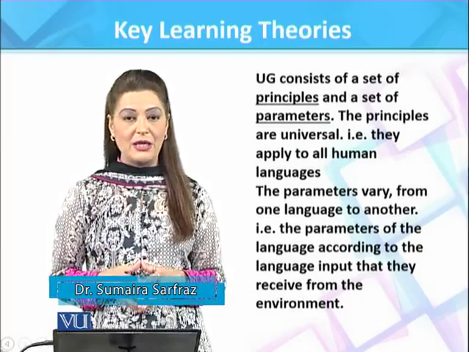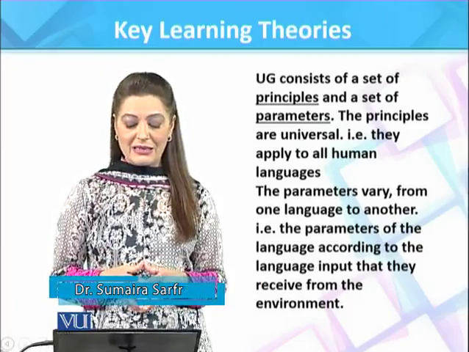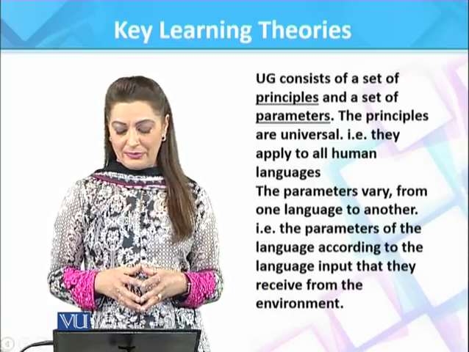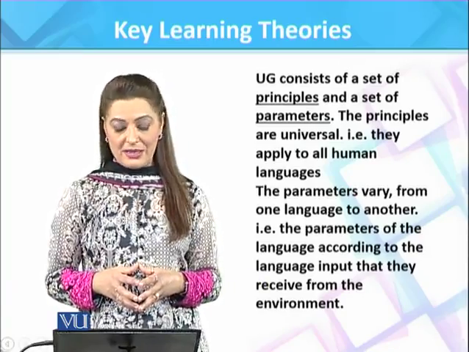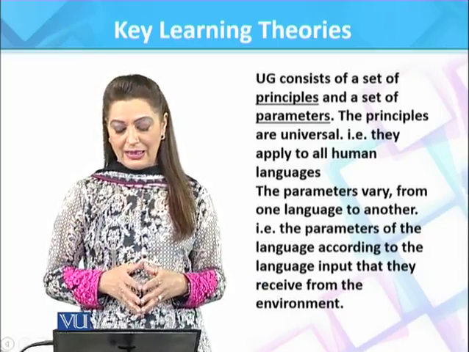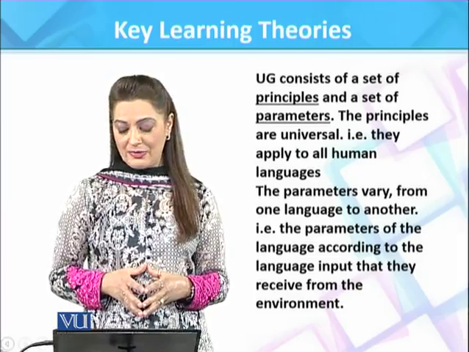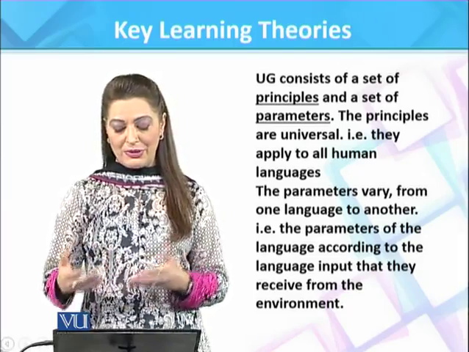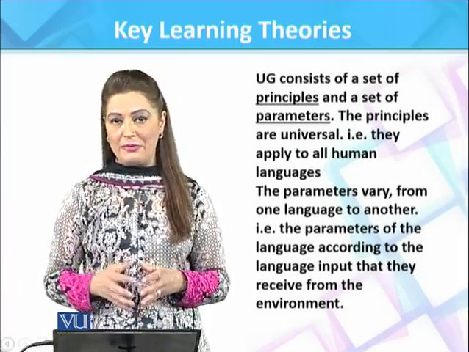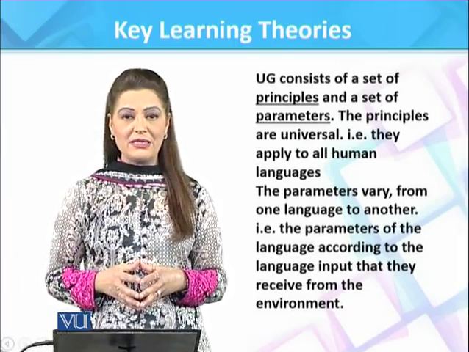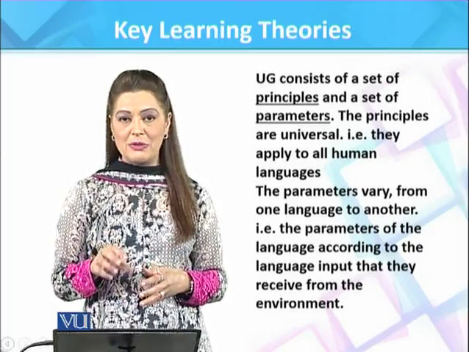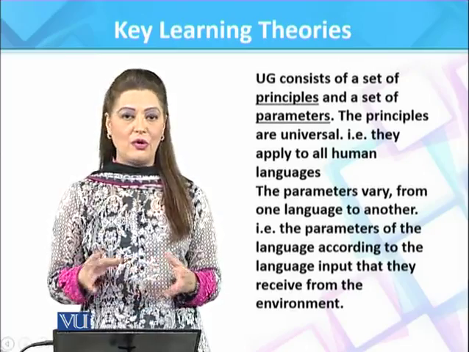The principles are universal; that is, they apply to all human languages. However, the parameters vary from one language to another, according to the language input that they receive from the environment. So parameters are environment specific, whereas principles are universal for all languages.